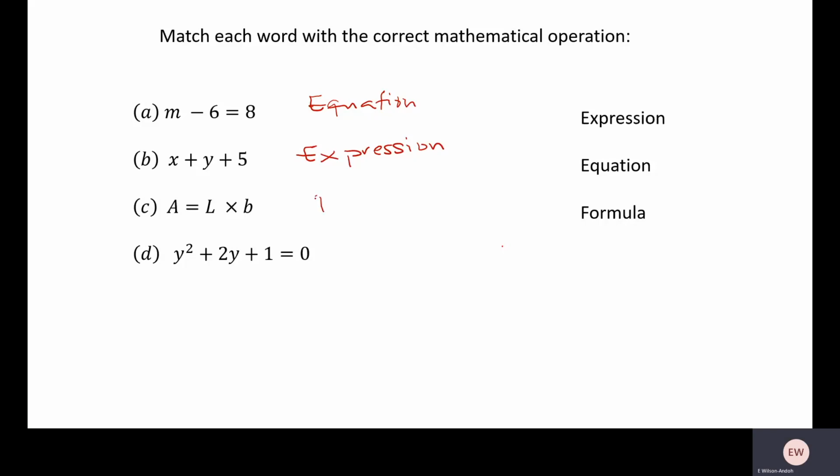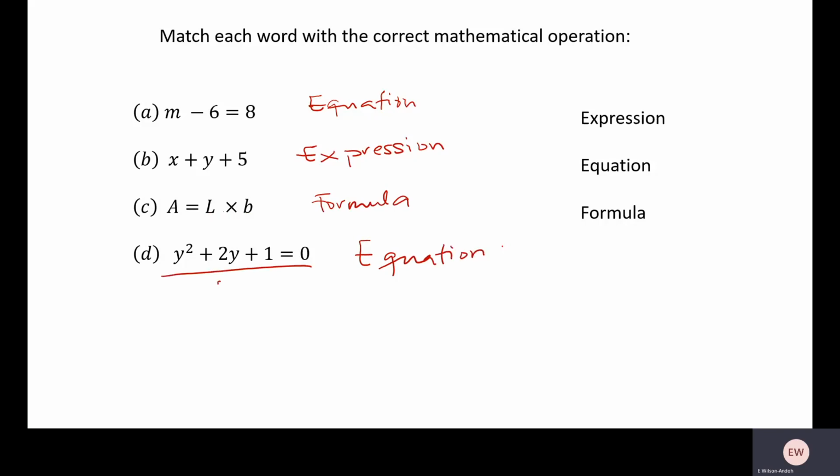The third one is a formula because to find the value of A, we have to substitute the value of the L and the value of B into the mathematical operation. And the last one is an equation.